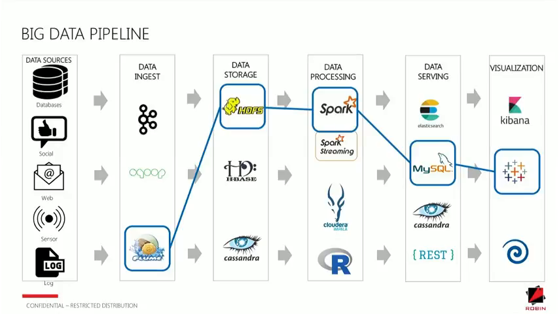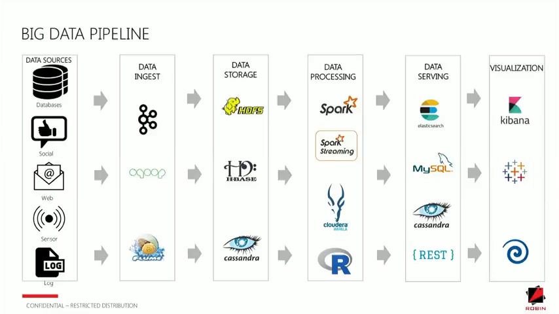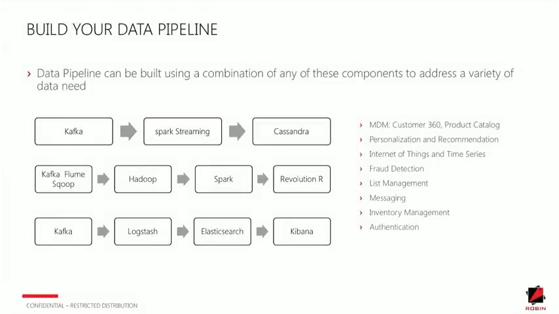Depending on what you are doing, you have to build your pipeline accordingly. There is no set rule that you have to use this bunch of software to build your pipeline. And there can be a bunch of different use cases, like customer catalog or fraud detection.